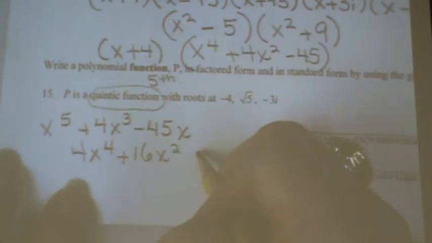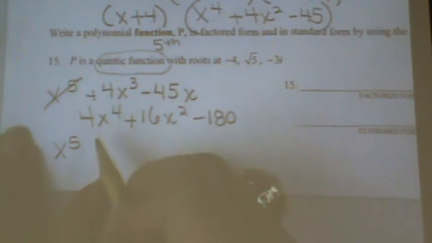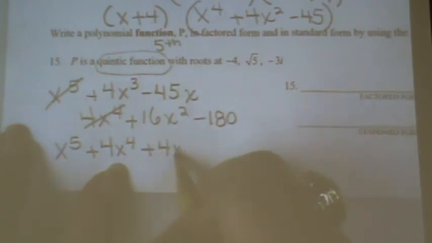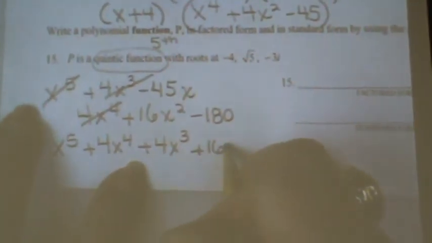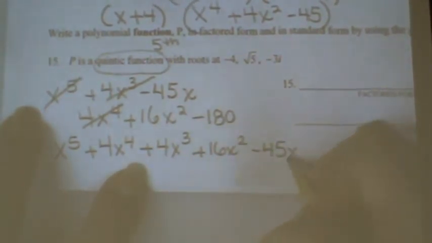And then 16x squared, and then negative 180. Okay, so your answer in standard form should be x to the 5th, first that one, then this one, then this one, then 16x squared, then negative 45x, and minus 180.